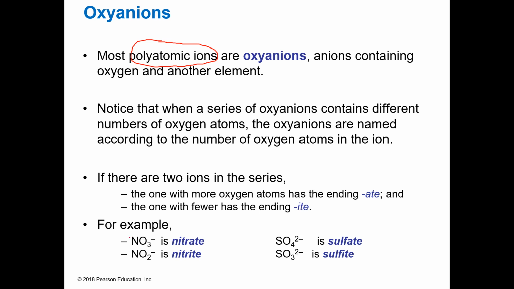So this nitrogen has 3 oxygens covalently bonded to it, with a -1 charge. Polyatomic ions generally end in either ate or ite. These in particular are called oxyanions. Anions mean they have negative charge. The oxy part is that oxygen is included in them.